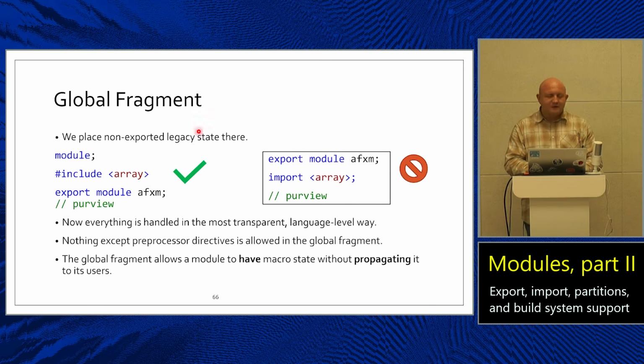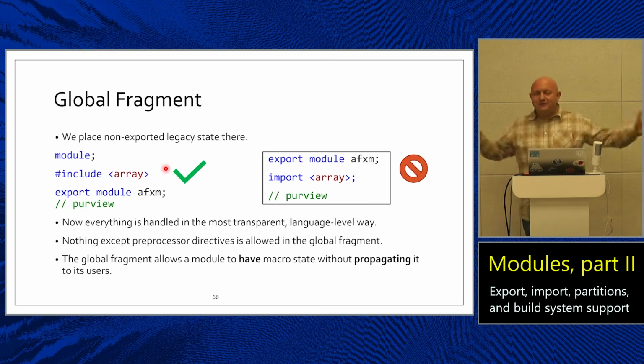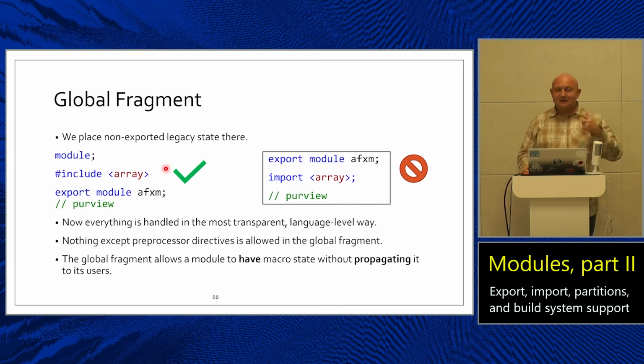We place a non-exported legacy state here in the global module, and we know what the global module is. It's like the unmodularized part of the language. But in the language, every module can carry a part of the global module here. And now everything is handled in the most transparent language-level way.